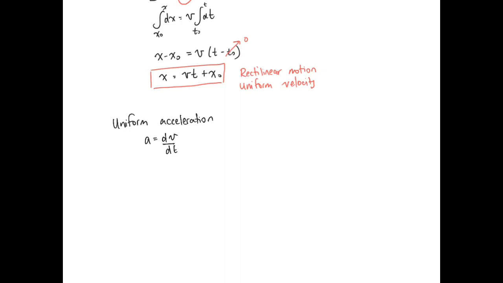We have acceleration is equal to d squared x over dt squared. And then we also have acceleration is equal to v dv over dx. So we can simplify all 3 of these equations to get equations for uniform acceleration.